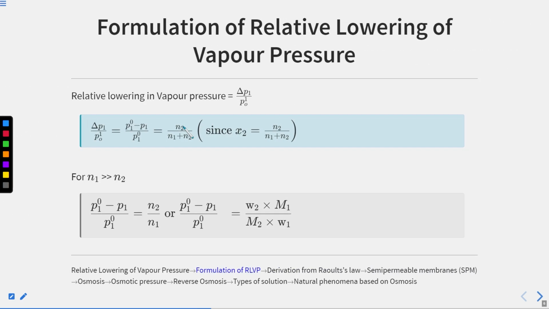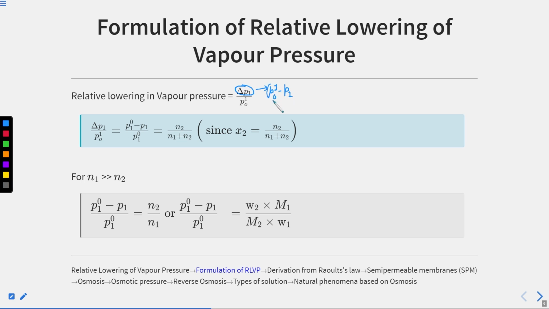Now we'll see the formulation. First of all, you should understand what is relative lowering. Suppose P1 is the final pressure and P01 was the initial pressure.